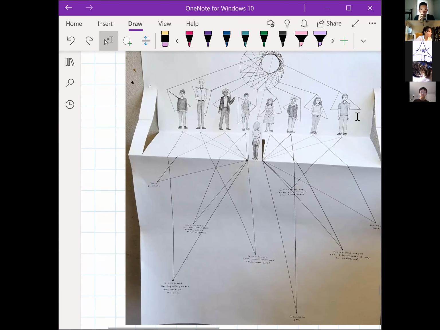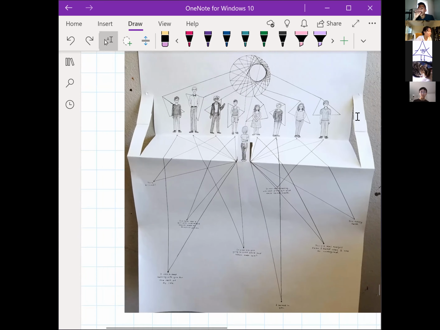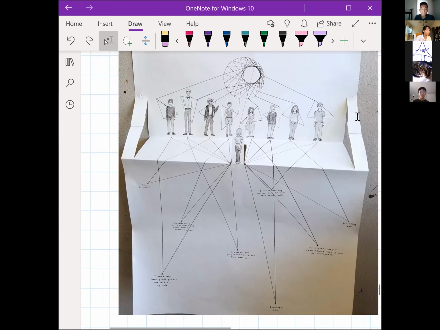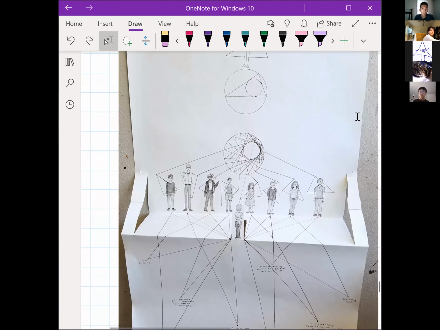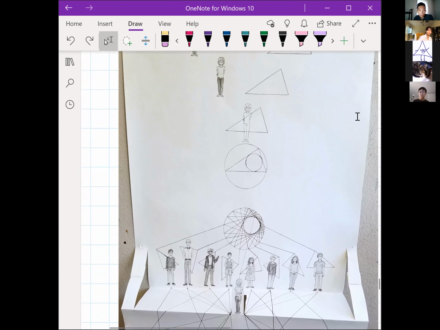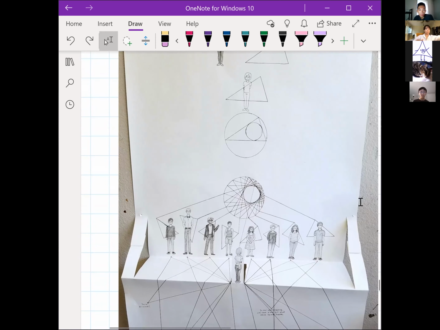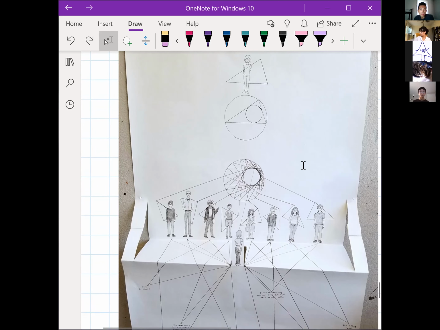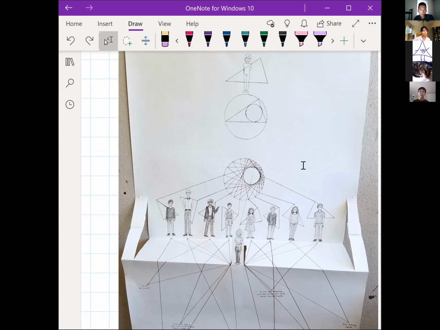Okay, so this is basically a wall scroll that I made out of paper, and it's about 4 feet long, and all the people here are people who basically just encouraged me in my mathematical journey over the years, and people who I felt like were a part of my mathematical family.